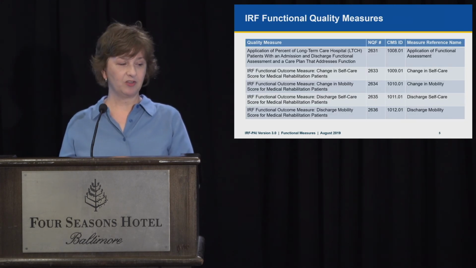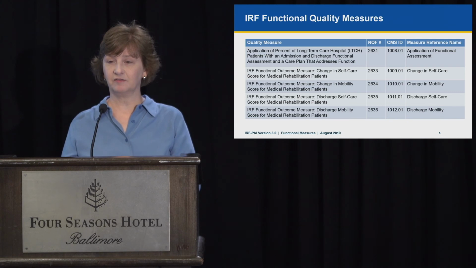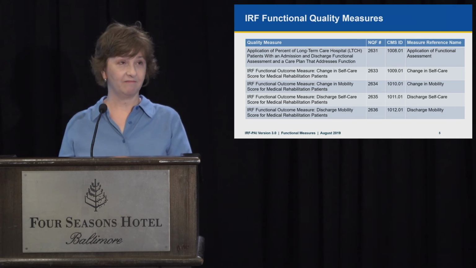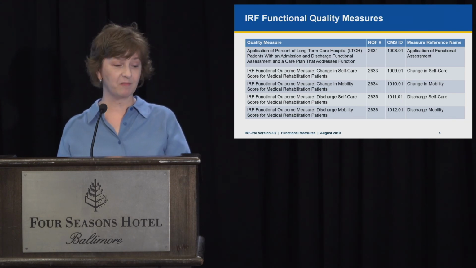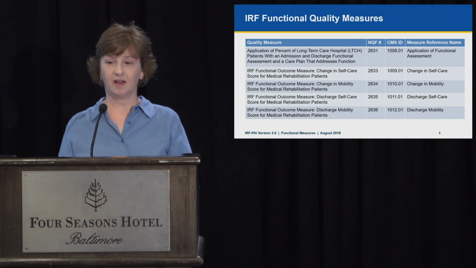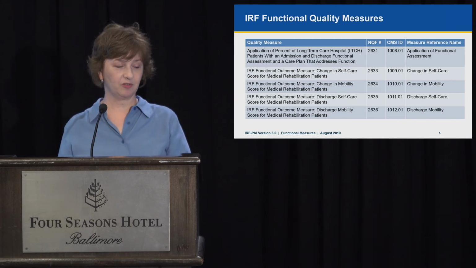As I mentioned, there are several functional quality measures. The first one, the application of the percent of long-term care hospital patients with an admission and discharge functional assessment and a care plan that addresses function, is a process measure. This was one of the first quality measures adopted into the quality reporting program.